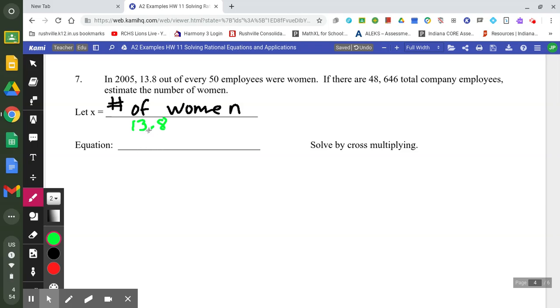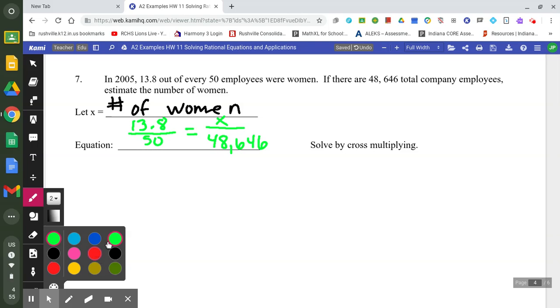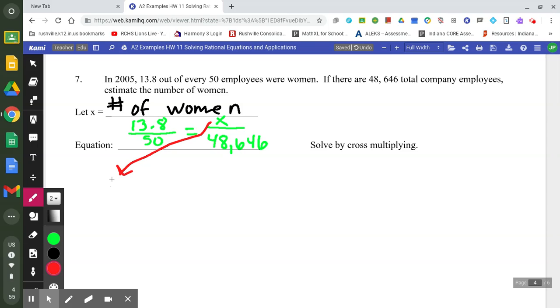So 13.8 out of 50 employees are women. So that equals how many women out of 48,646. And then we can solve this by cross multiplying. So if you remember cross multiplying, it's just taking the top of one fraction times the bottom of the other one. So 50 times x gives me 50x.